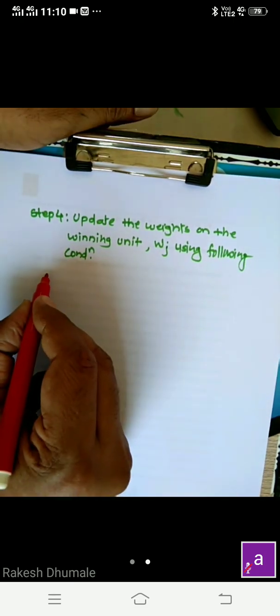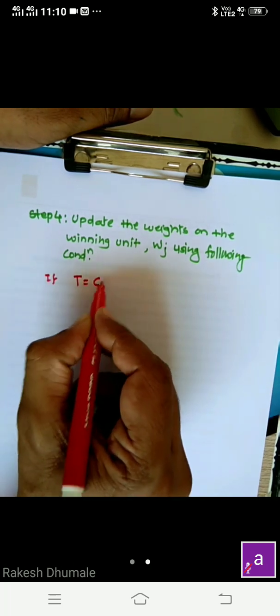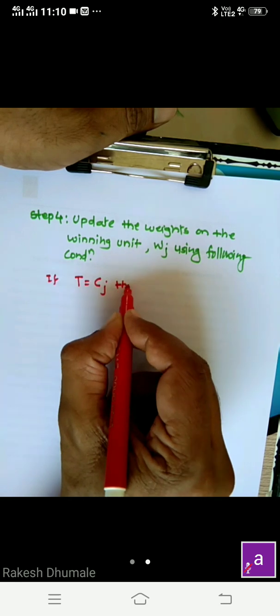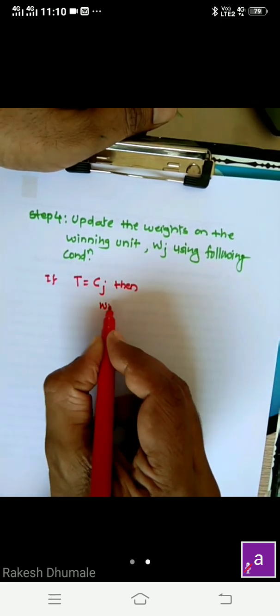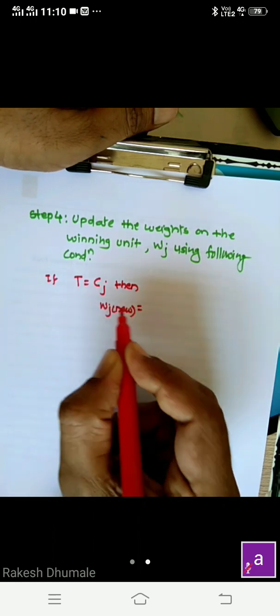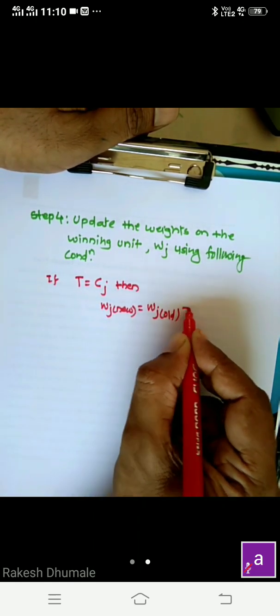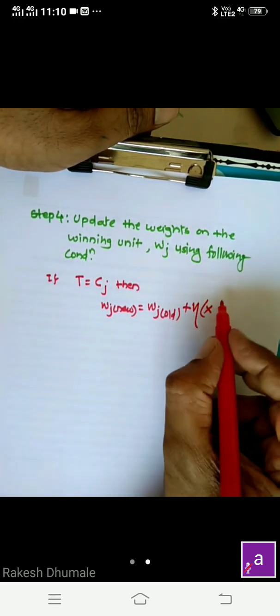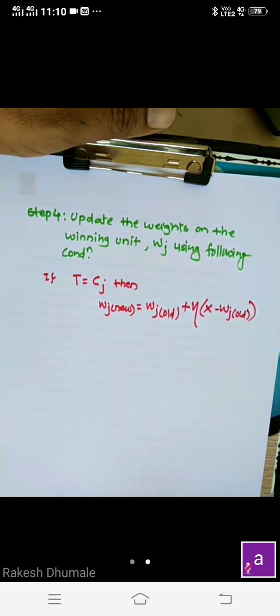What is the condition? If T is equal to Cj, what is T? T is nothing but the targeted data. Then Wj new is equal to Wj old plus eta into (x minus Wj old). So this is the equation.